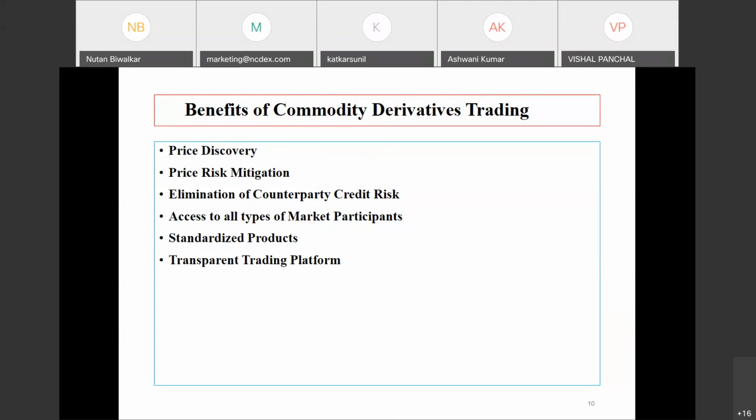Therefore, those prices are not biased prices. It means there is no manipulative element, no cornering, no dictatorship. All the sellers are willing to sell at that price, and the buyers are willing to buy at that price. This is price discovery.